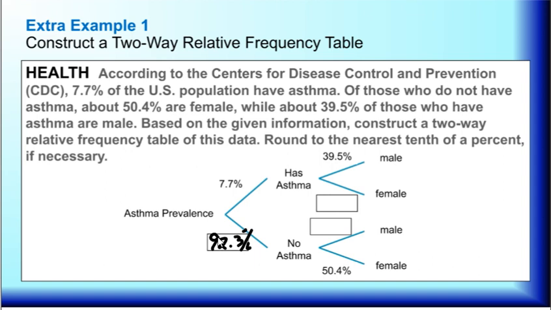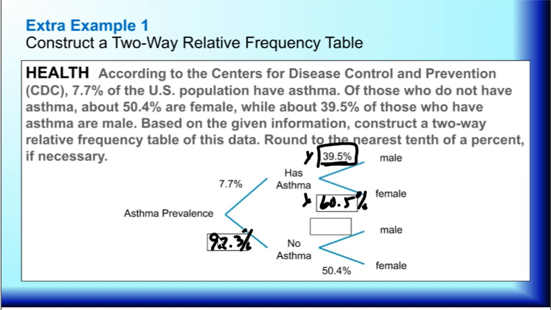And then if we wanted to find out, we can now use the percentages and its total here. But before we do that, let's fill in these middle boxes. So if this box right here is 39.5, this box and this box have to add up to 100. If I take 100 and I subtract 39.5, I would get 60.5%.